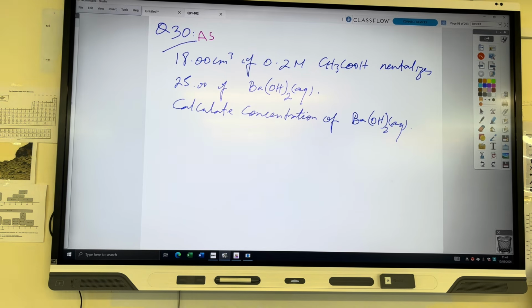And 4, you can calculate the concentration of the alkali. More or less everything is based on the ratio of acid and alkali, so you have to do the balanced equation as number 1 to find the ratio.